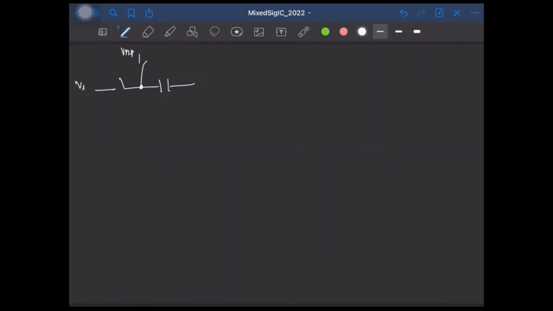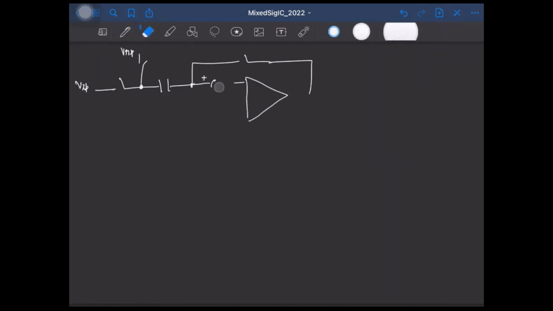Say this is my positive input, VIP. And here we have the offset. Okay, so let me not show the offset now. It's okay. So this is plus, minus. This is going to be phase 2. This is phase 1. Here we'll have the negative input.